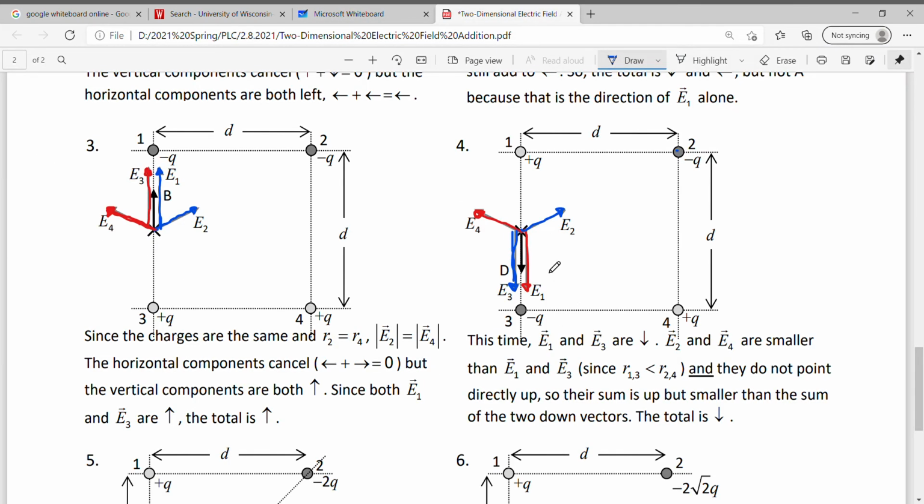Why? Let's see the magnitudes of E1, E2, E3, and E4.